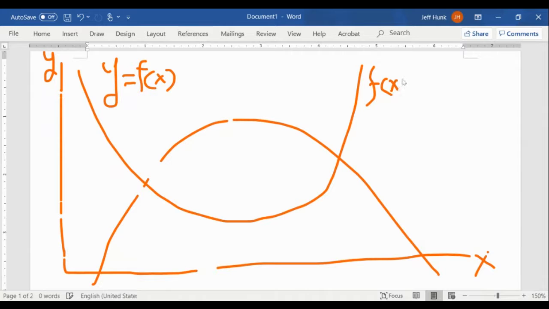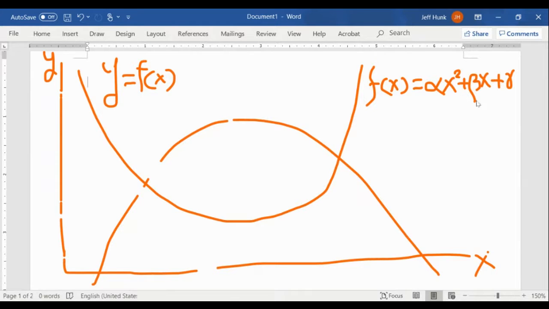So the function of x, f of x, is alpha times x squared, plus beta x, plus gamma.